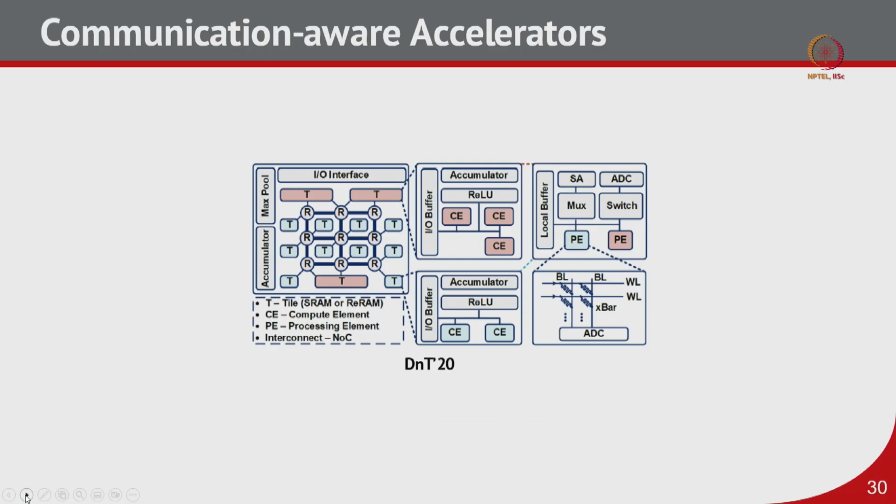But then again, remember, I just talked about in-memory computing, and I also said that there are devices which can store the weights. Say, let us take GPT-3, which has billions of parameters. If all those weights are stored on the chip, then the chip size will be very high. If the chip size is very high, then the yield will be low and the fabrication cost will also be very high.